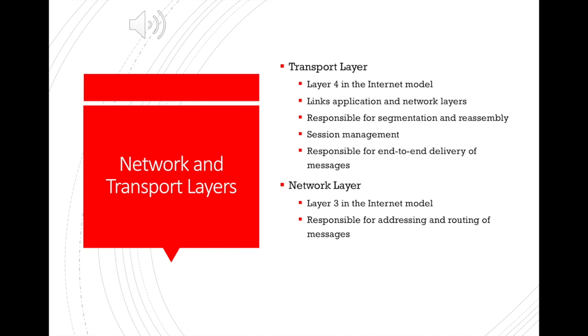It's also responsible for segmentation and reassembly, meaning each packet comes in a small segment that gets broken down so it can be transported. And once it's broken down, the receiving end needs to be able to reassemble the segments and put them back together so the data is useful. So that's what they mean by segmentation and reassembly.